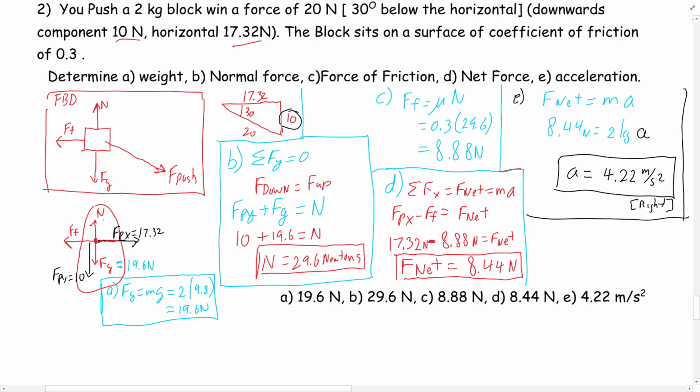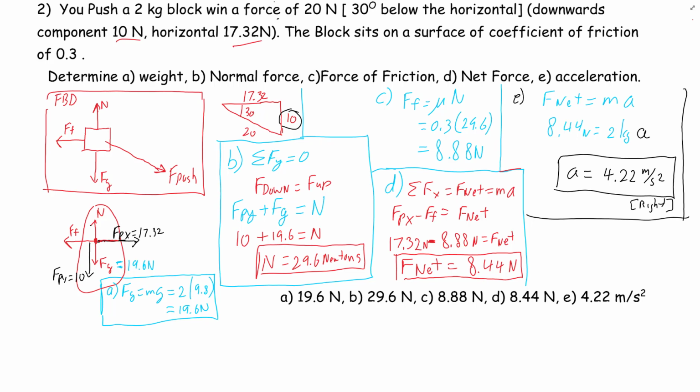So the normal would be only 9.6, not 29.6, and not like last time 19.6. So the friction would be a lot less. My guess is about 2.88.